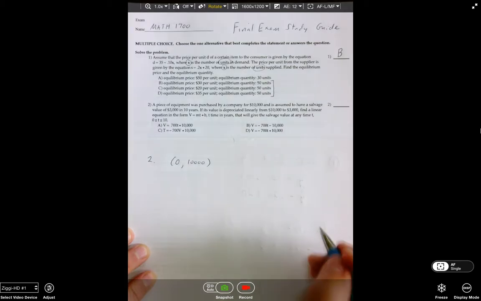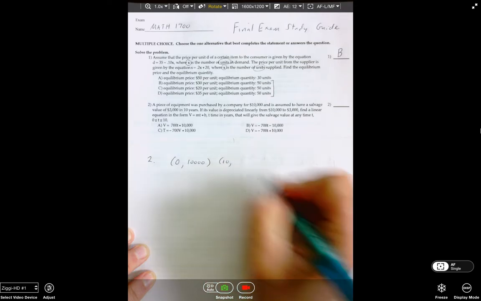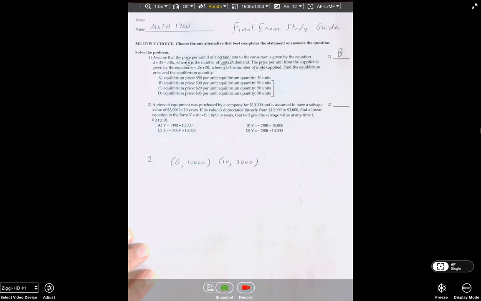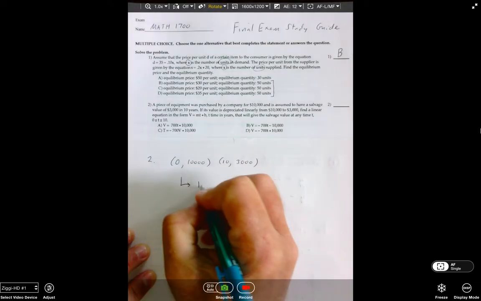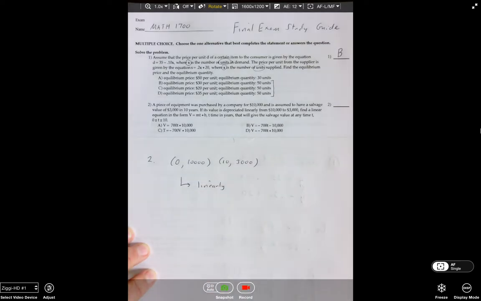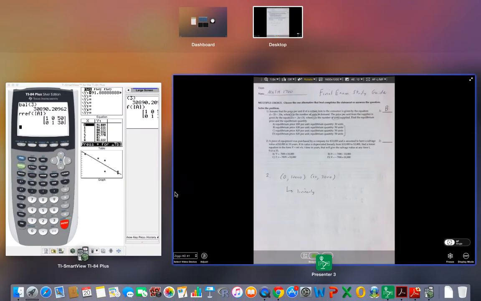And we know 10 years later that its value was $3,000. Since we know that this is a linearly depreciating relationship, we can use our calculator, like I've tried to teach you previously, to work this problem.